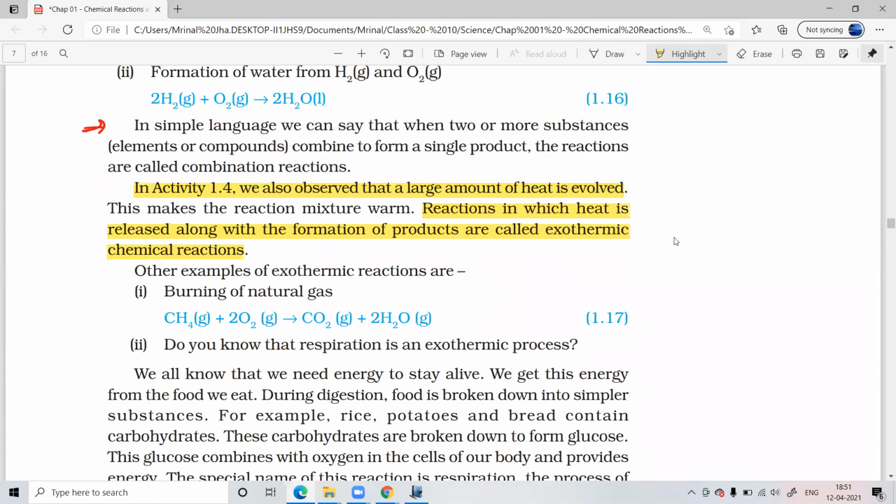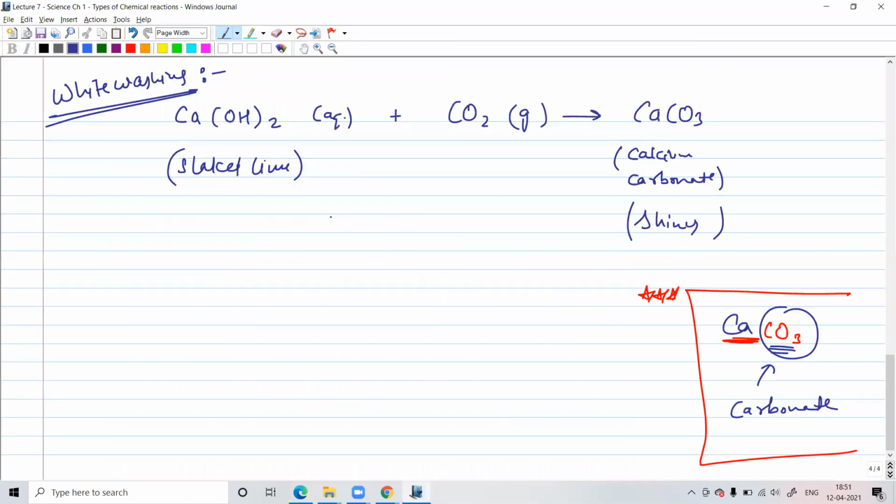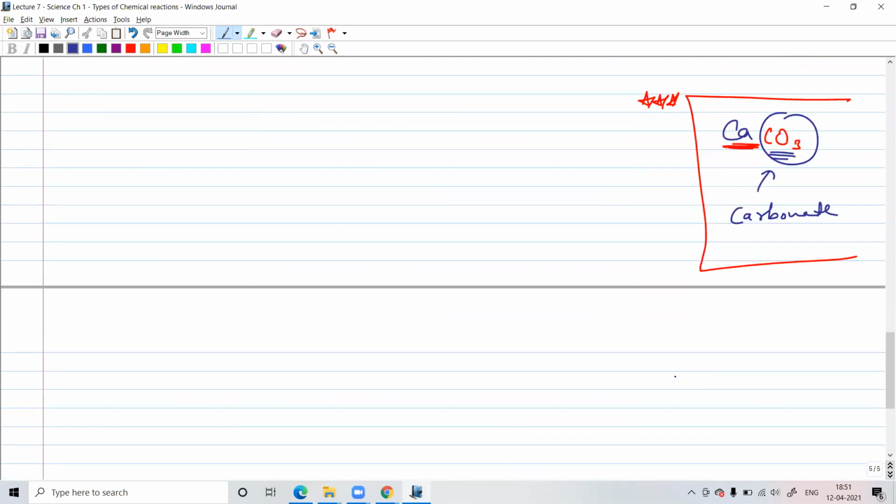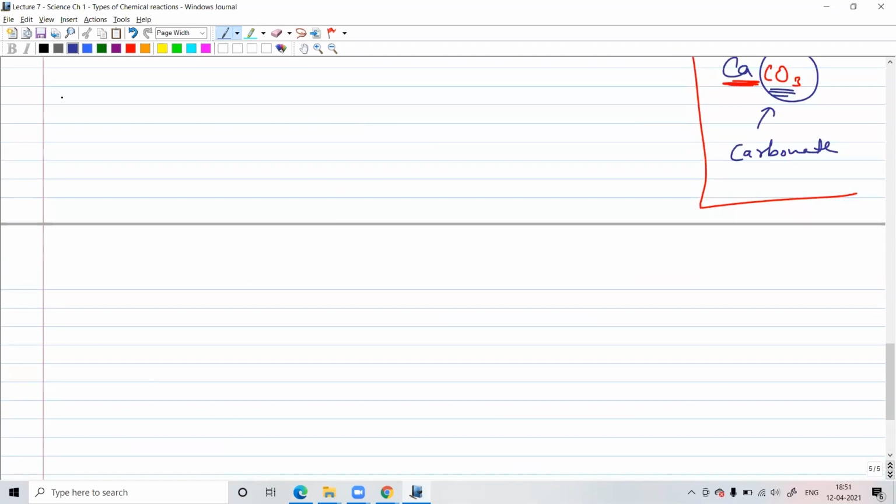So this exothermic reaction is also a very important part of this. A reaction in which heat is released along with formation of products will be called exothermic. You will make note of this definition also in your NCERT, the tuition note. Let me write that for you.